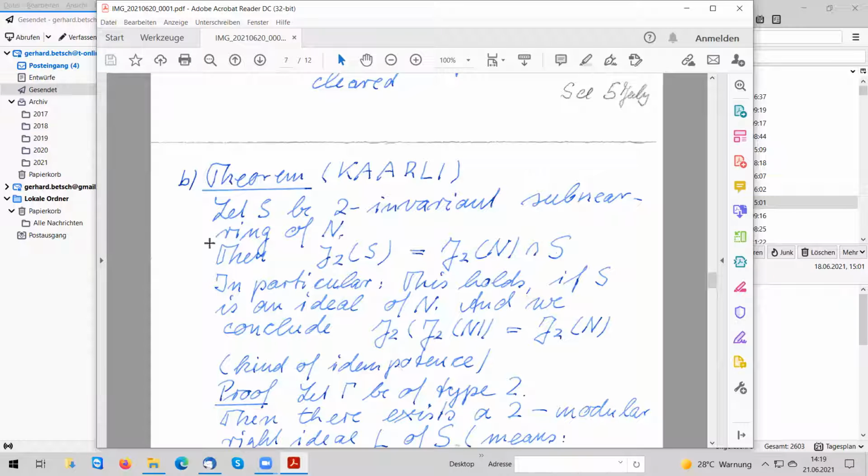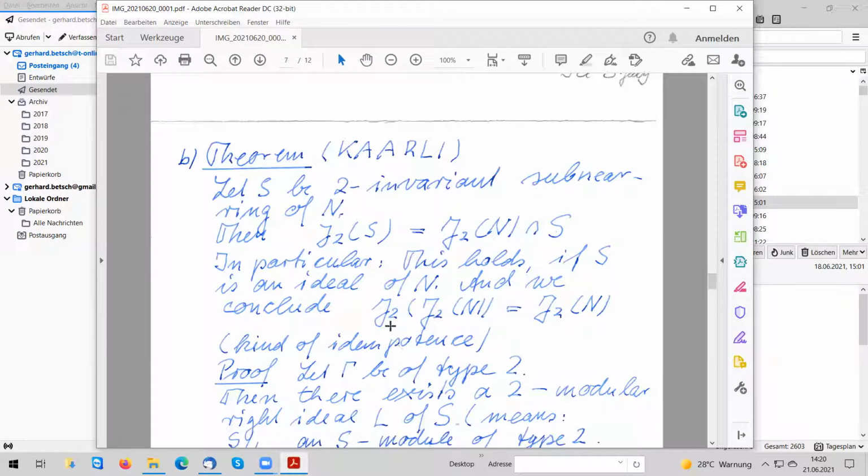That's one of the important theorems in the Jacobson radical theory. Here it is formulated for a two-invariant subnearring of N. In particular, this holds if S is an ideal, because such an S is a two-invariant subnearring.